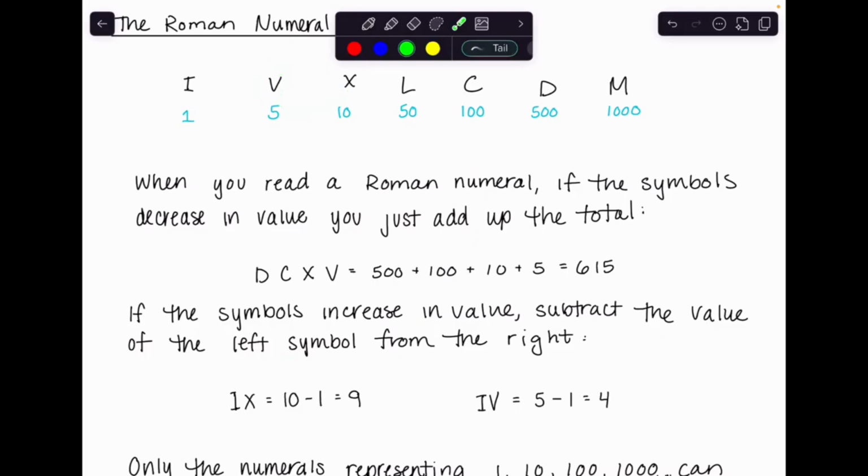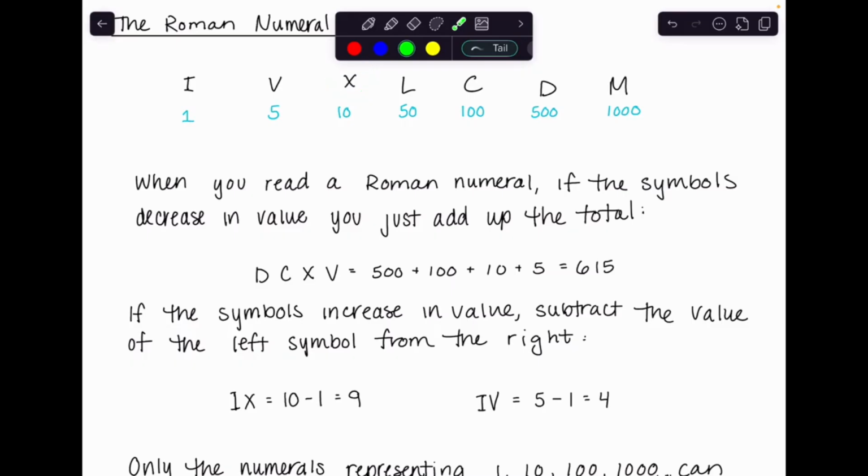So really what happens if you have a 9 or a 4, that's going to be represented in this particular form. Because if I had to write 4 of these I's out, it's a lot. Same thing if I have to write 40, having 4 X's is a lot.